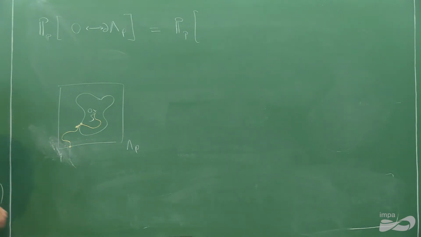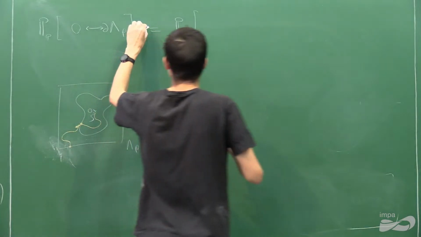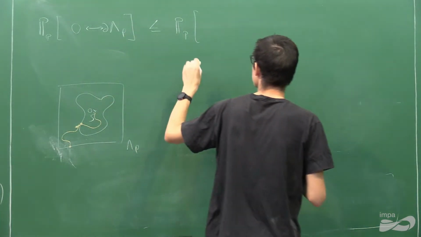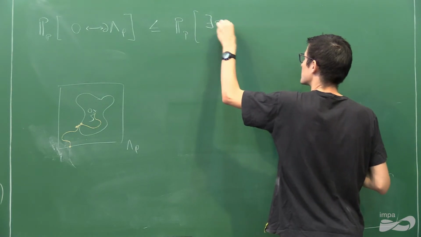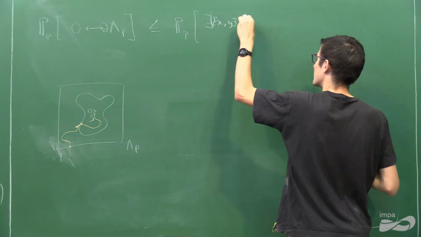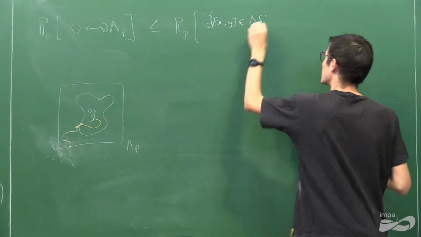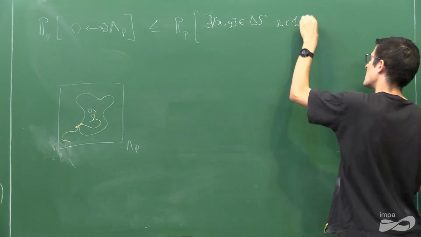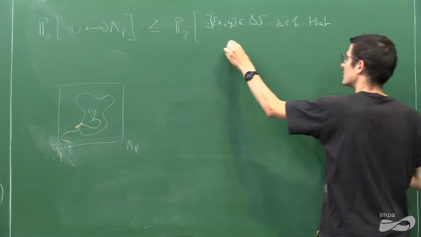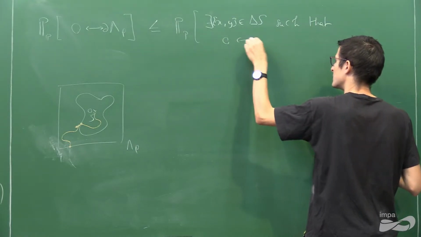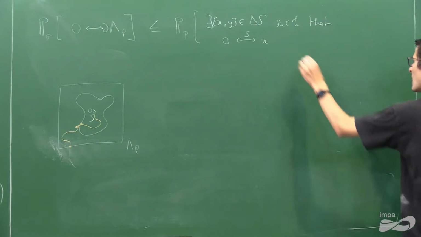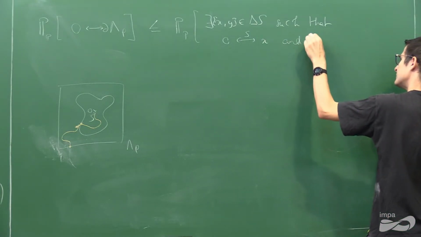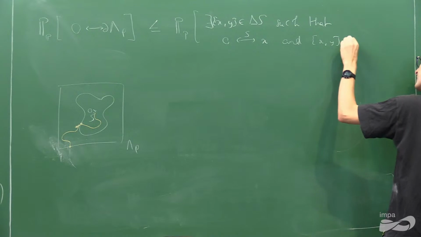Okay, so this is smaller than the probability that there exist xy in delta S such that 0 is connected to x in S and xy is open.